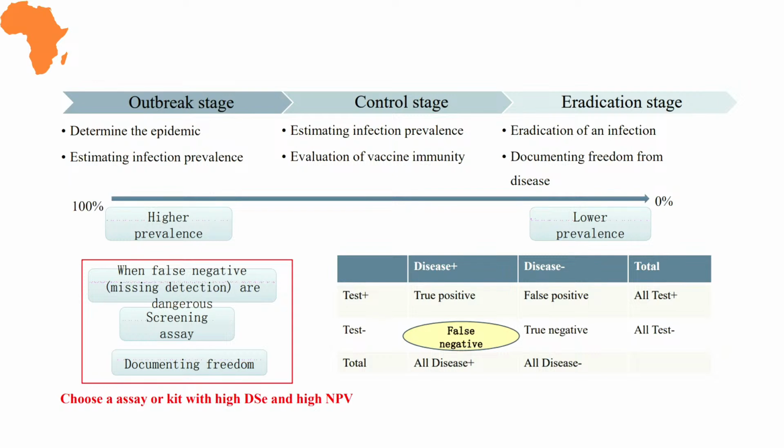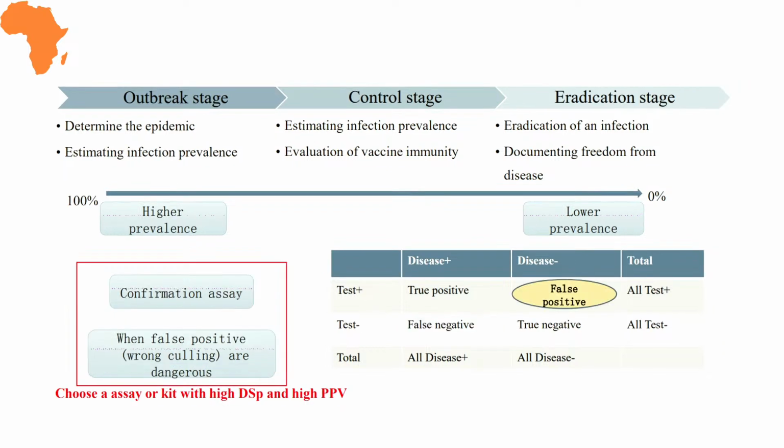We showed you how the positive predictive value and negative predictive value shift even when you hold some of those things constant. Now, if the issue is false positives, culling is dangerous when you have high prevalence. In this circumstance, we choose a high specificity and a high positive predictive value.